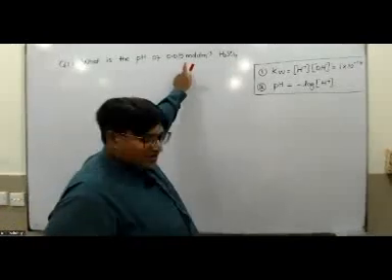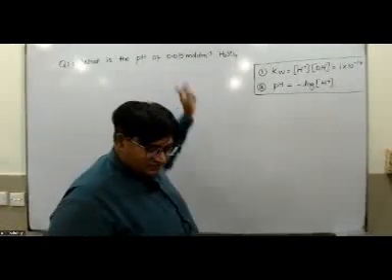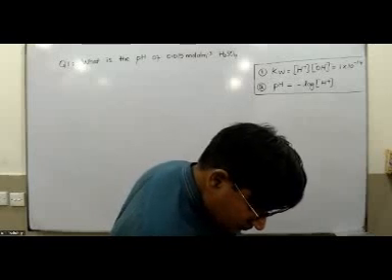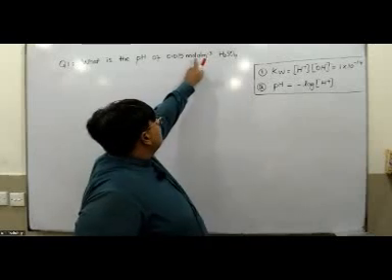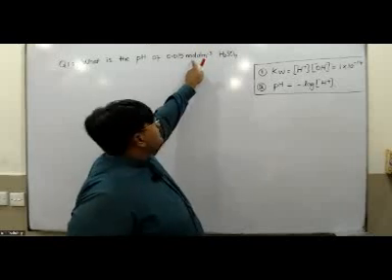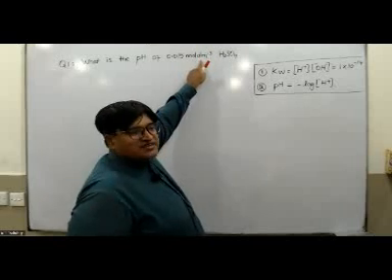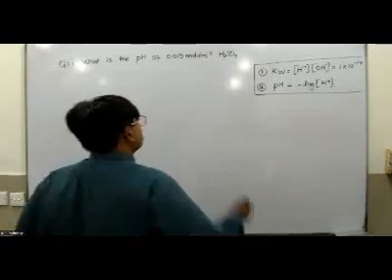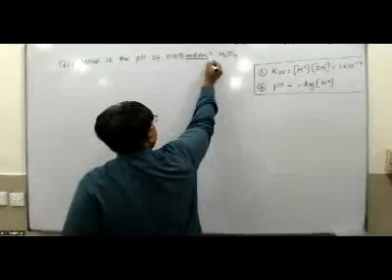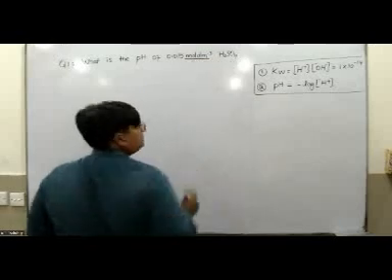Whenever mole per dm cube is written with anything, this will show you the concentration. So this is the concentration of sulfuric acid.